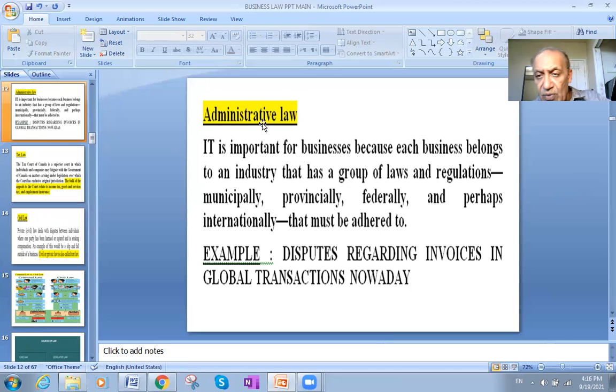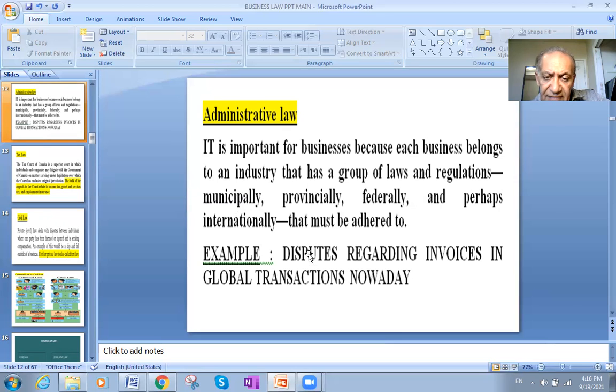These are all the regulations at the provincial, federal, or municipal level, like the City of Toronto, and the paperwork that must be organized, and problems at work. All of these fall under administrative law.